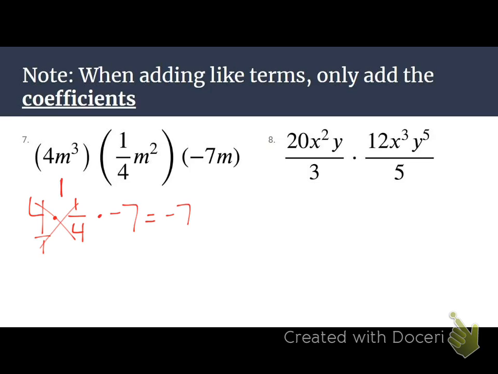So we end up with 1 times -7. Or if you have a calculator, it'll do the heavy lifting for you. So this is going to be -7m to the y6, because 3 plus 2 is 5, and then you add a 1 to the other. Good. 3 plus 2 plus 1 gives us 6.